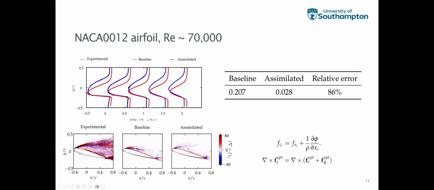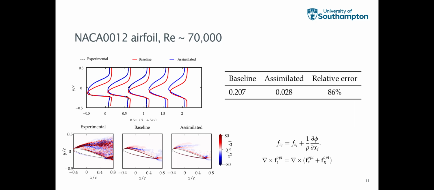And if you see here the assimilated case, of course, the baseline case is quite far off. This forcing really shows you, or rather explains, the reduced size of the wake. And the assimilated fields look a lot better compared to the experiment. This sort of pattern that you see here is because of the noise in the experiments, which is handled quite well by the assimilated profile.